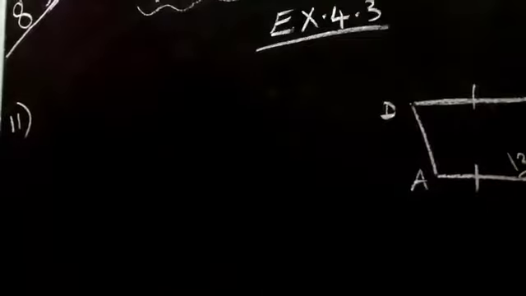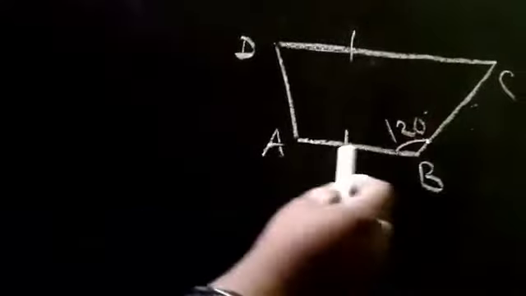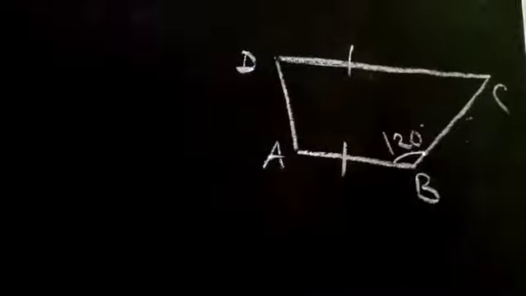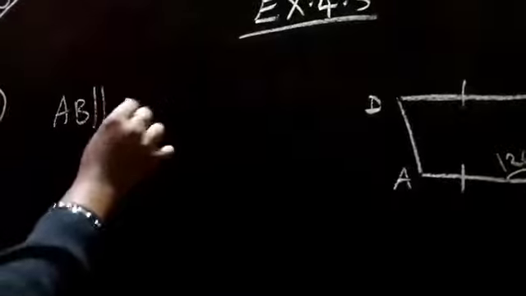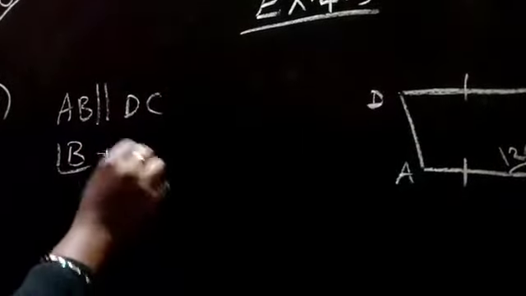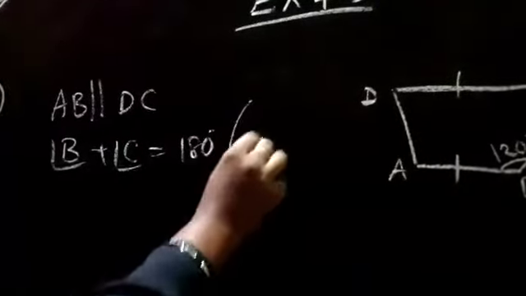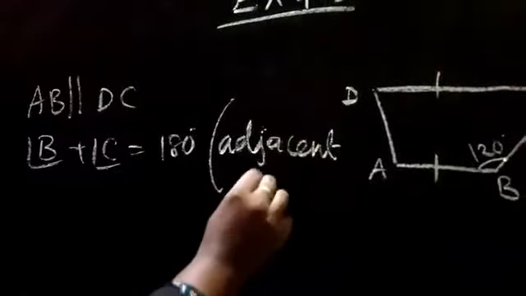Now the 11th question is, find angle C in this figure, where AB and DC are parallel. So AB and DC are parallel means when we add B angle and C angle, we have to get 180 degrees, because of the sum of adjacent angles.